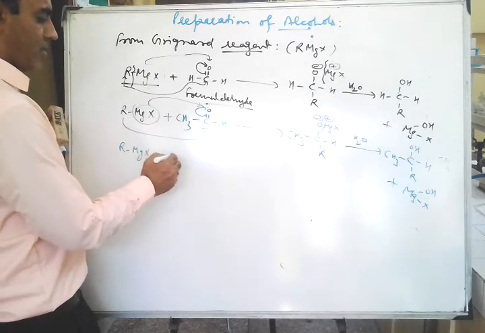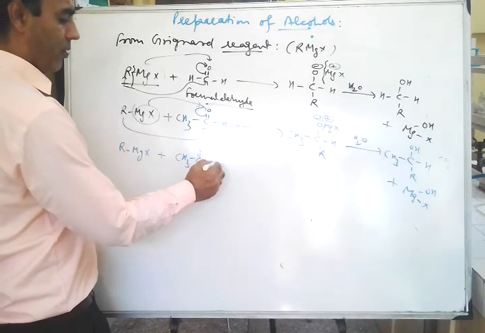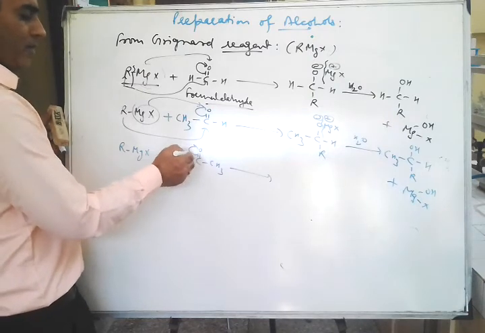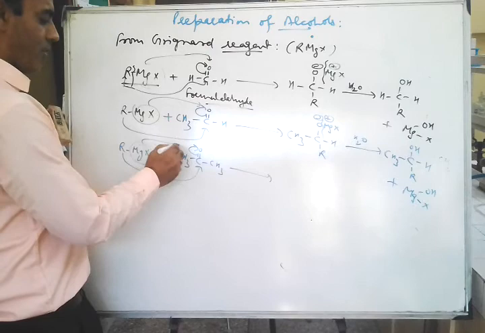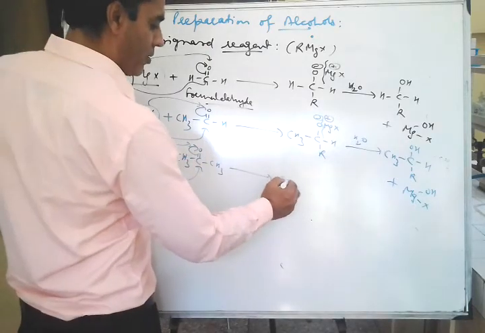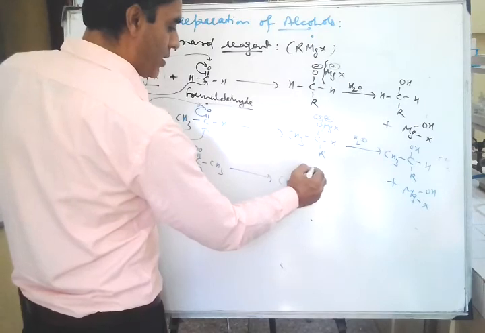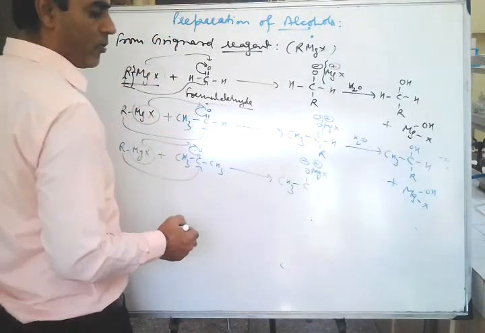Now if I take a ketone, RMgX plus CH3 C double bond O CH3, right? So again the same type of reaction will be there. R will get bonded to this, then MgX will get bonded to this oxygen atom. So CH3 C O MgX, right? Here will be positive, here will be negative on the oxygen atom.